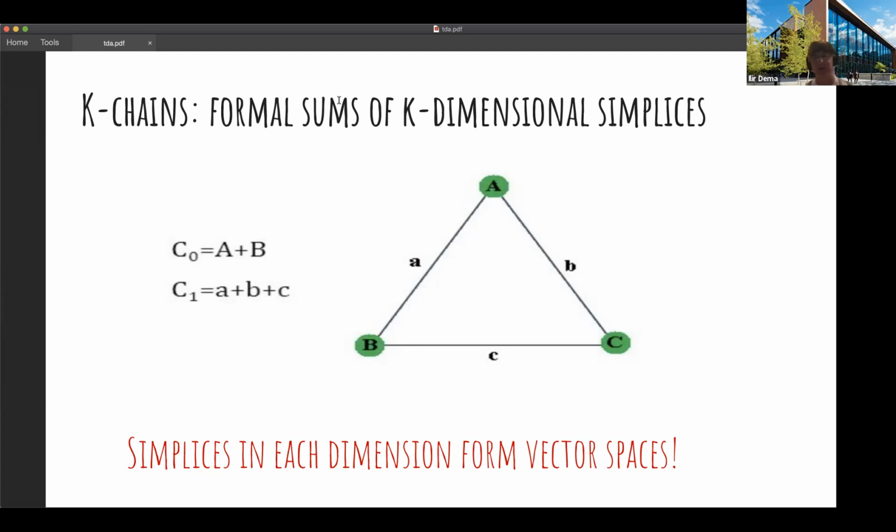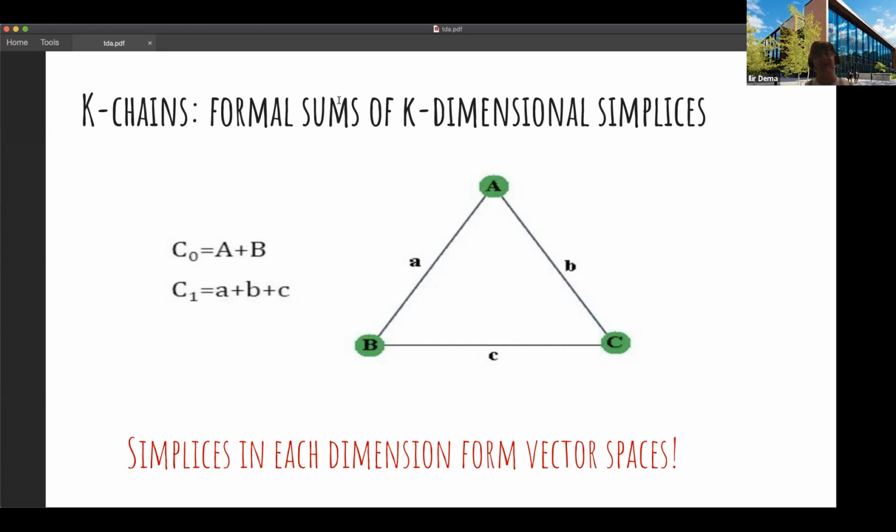Why are maps between vector spaces interesting? Because it's the tool that is best understood in mathematics. If you can turn something into linear algebra, then you can do anything you want with it. You can apply Gauss and all these beautiful algorithms that give us a very good understanding of the structure of vector spaces, the maps over vector spaces, their subspaces, and so on.